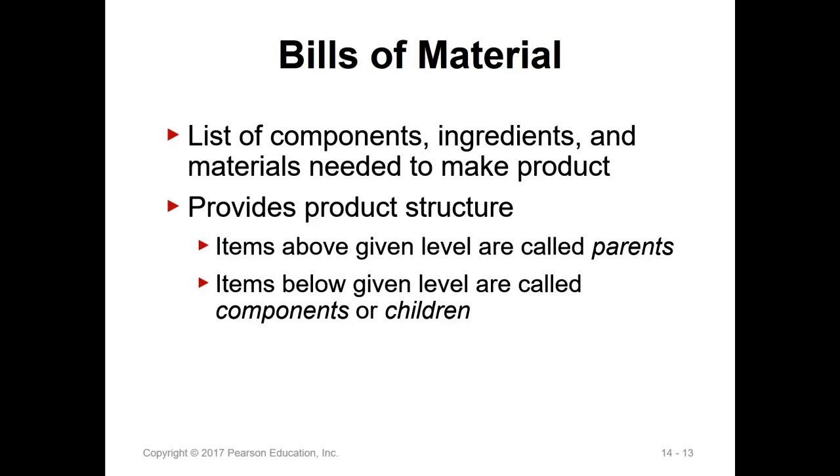So typically, they are going to organize some of the parts together as a sub-assembly, and then you can reduce the complexity or the layers of the bills of materials. So the bills of material will provide the product structure. It will help us understand how many layers of sub-assemblies or components are included.